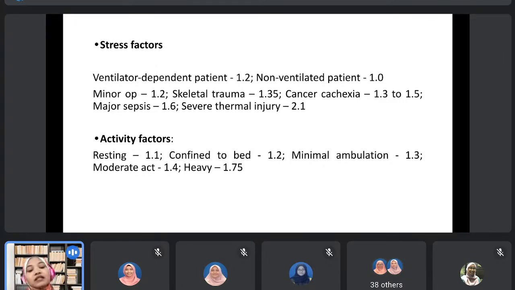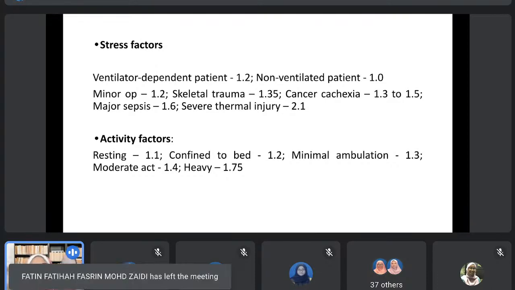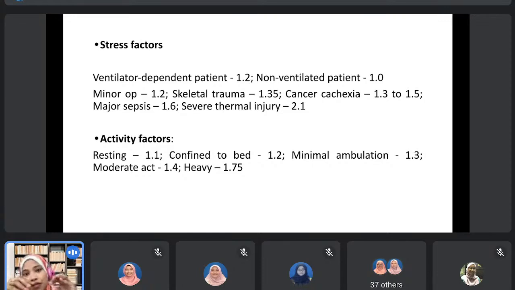So it actually depends, but whatever methods or factors you want to use in your case when calculating protein needs or energy needs, you need to justify why you want to use that stress factor, why you want to use this quick method, like 30 kcal per kilogram body weight, for example.